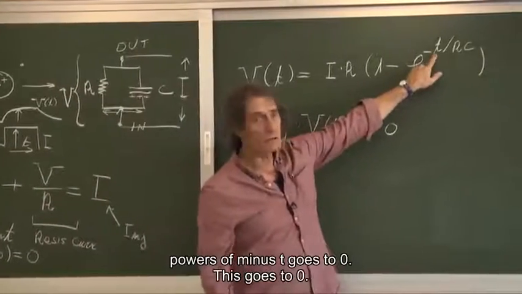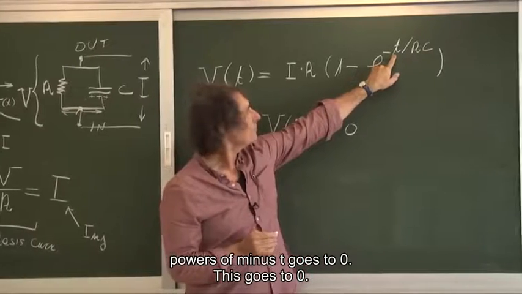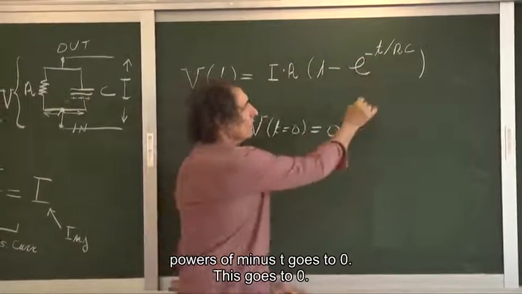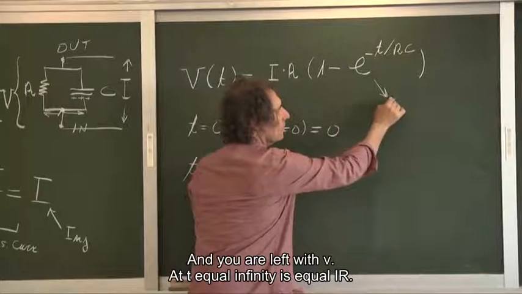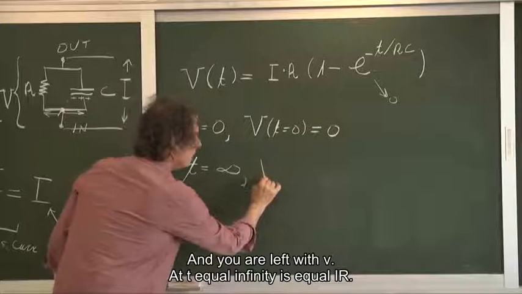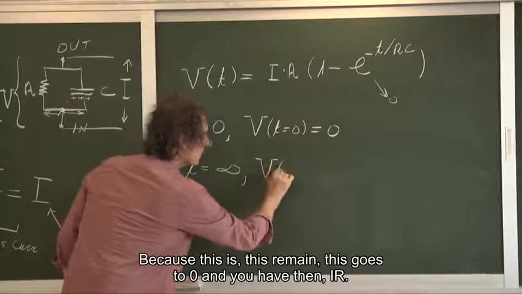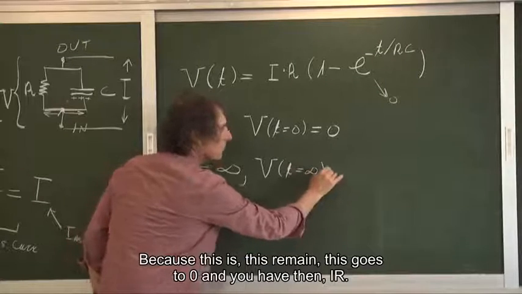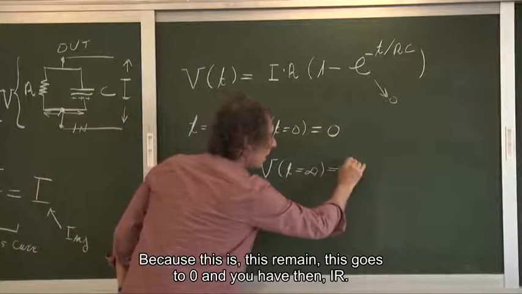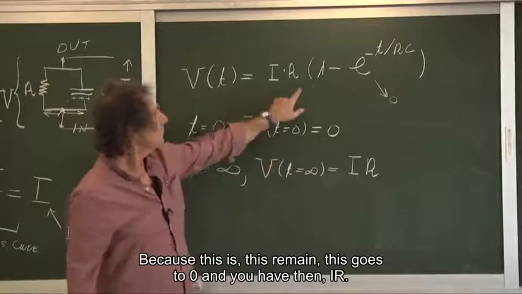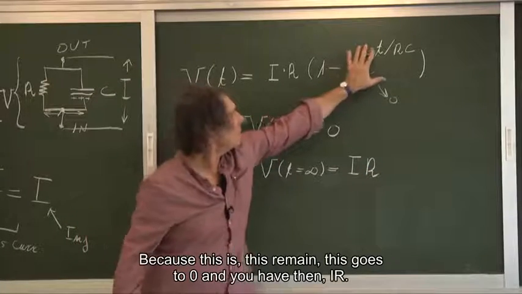If t goes to infinity, e to the power of minus t goes to 0, and you are left with V at t equal infinity equal to IR, because this goes to 0.